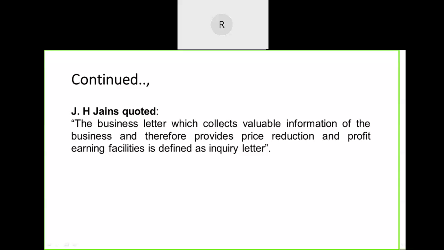Yes, this is all about the definitions of inquiry letters given by various authors.